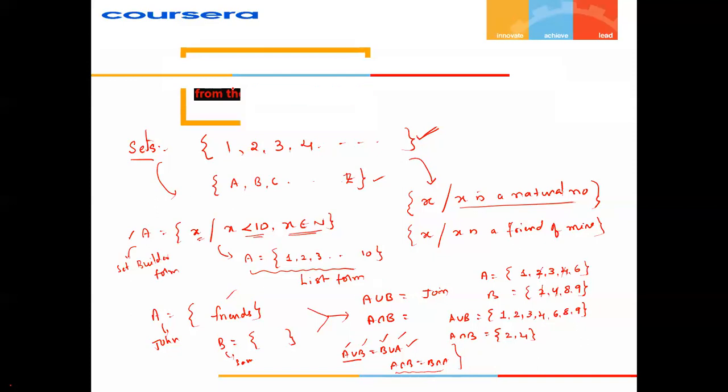Any name for this property? Commutative property. Commutative. So this is the basic requirement we need when we talk about set theory concepts.